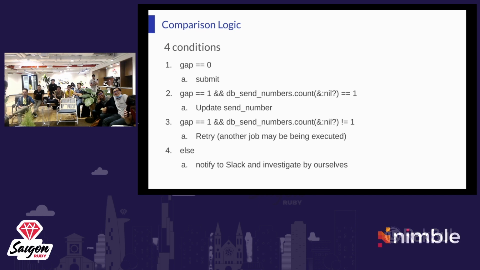If there is more than one new record, we retry this job because there are 2 jobs running concurrently. For other cases, it requires further investigation, so we investigate manually.